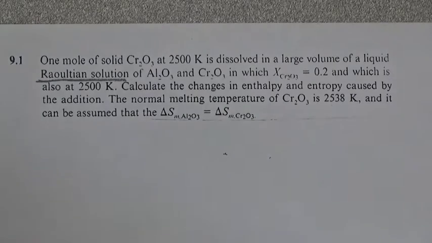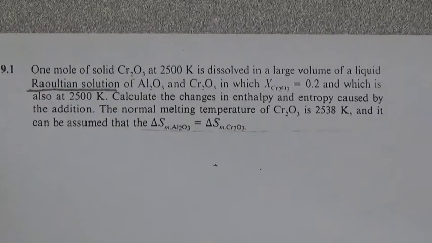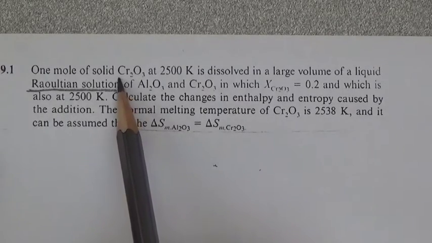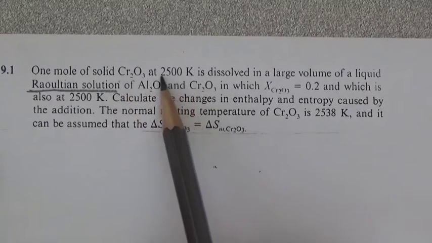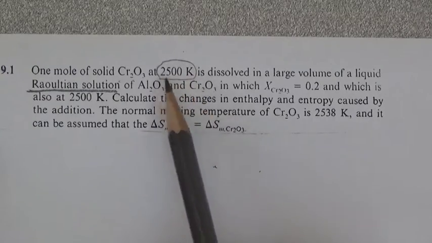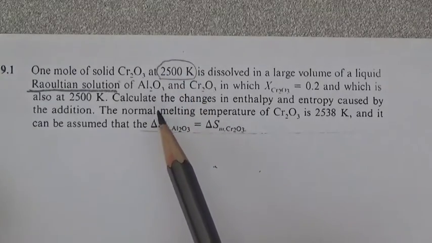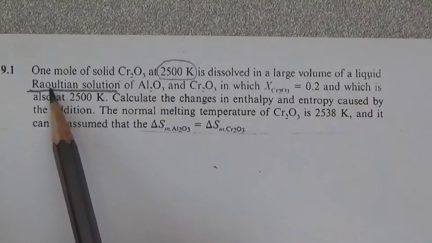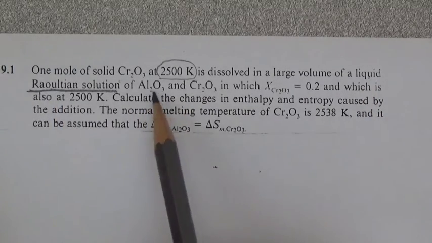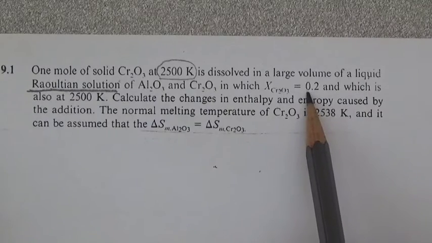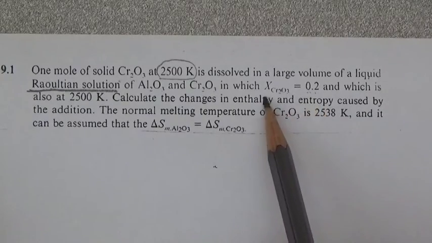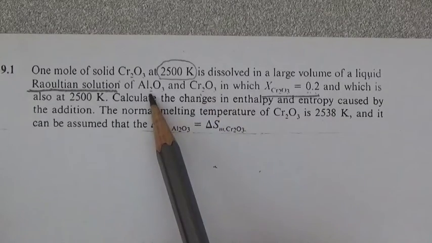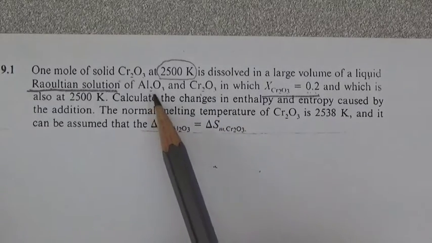So in this problem, we have 1 mole of chromia at 2,500 K, and we're going to dissolve that in a large volume of liquid of this ideal solution, and that solution contains 0.2 mole fraction of chromia plus 0.8 mole fraction of alumina.